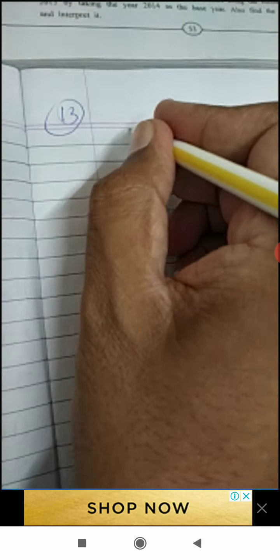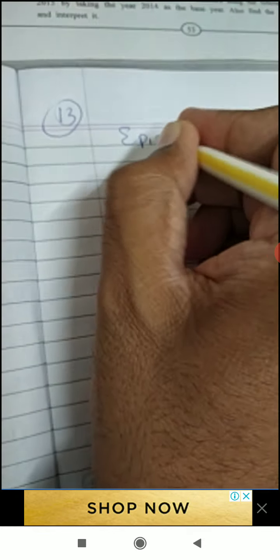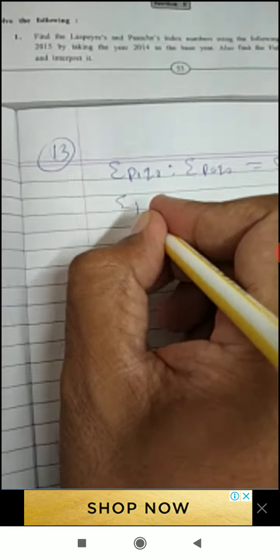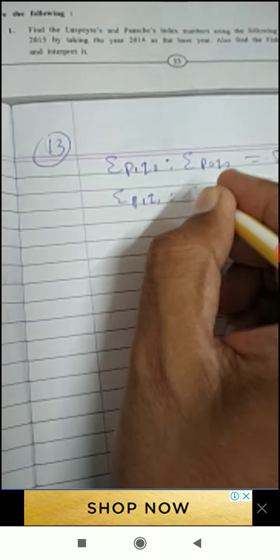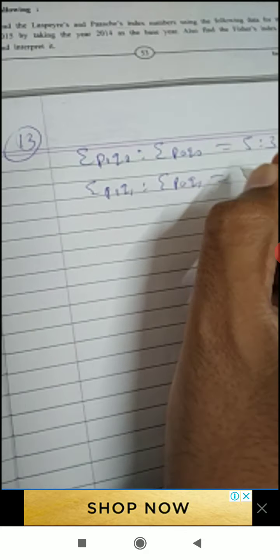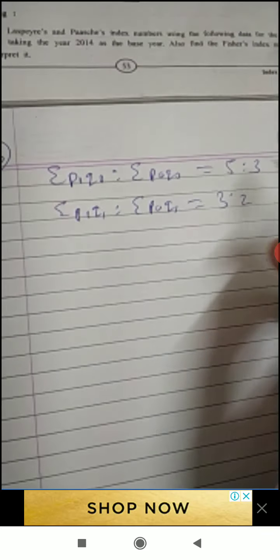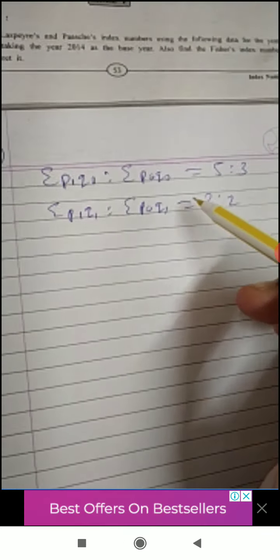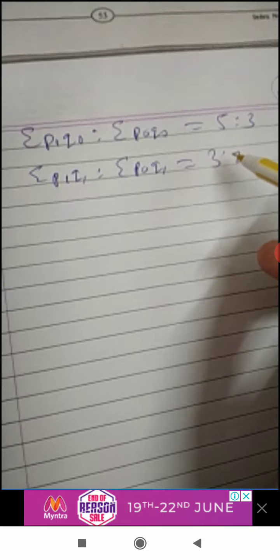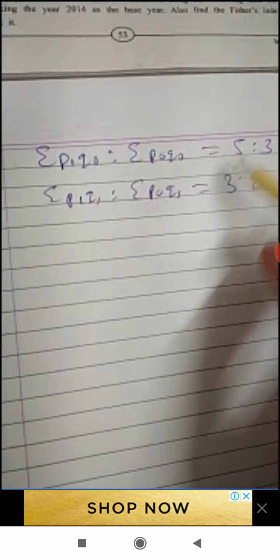Sigma P1 Q0 upon sigma P0 Q0 equals 5 upon 3 is given. Next, sigma P1 Q1 upon sigma P0 Q1 equals 3 upon 2 is given. Now find the value of IL and IP with the help of this information, and after that find the value of Fisher's, that is IF, with the help of this formula.